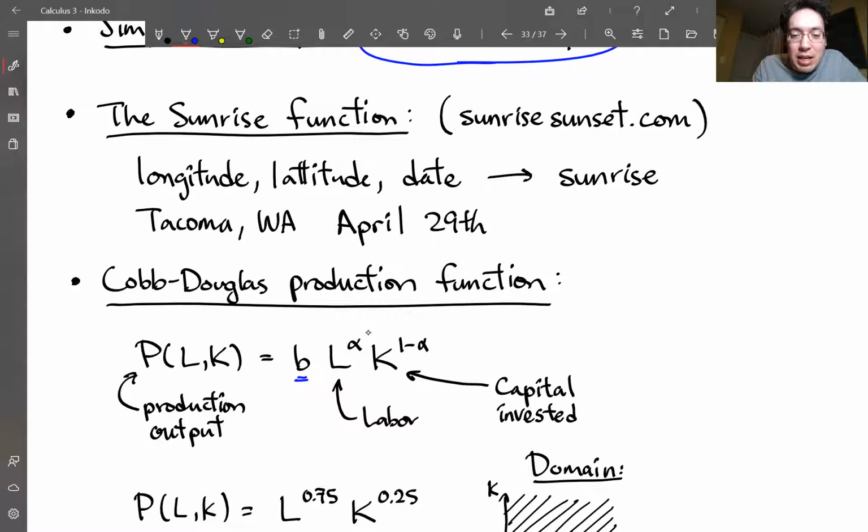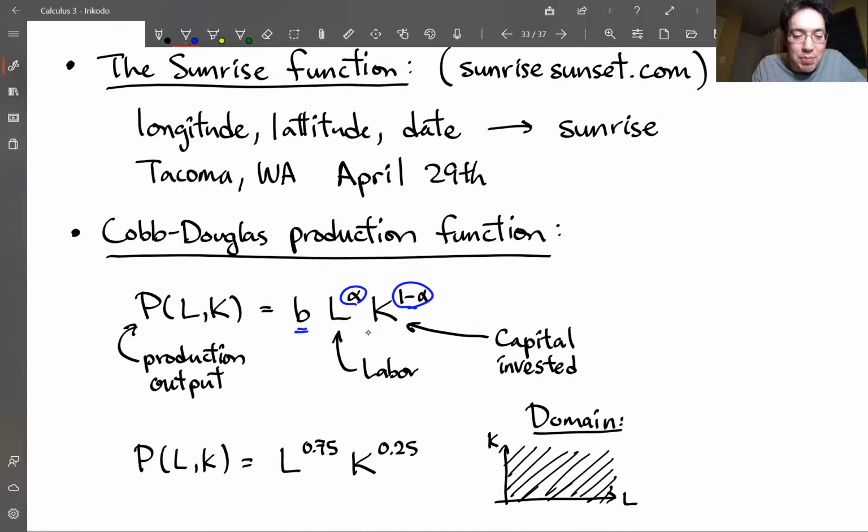And then somehow the labor and capital invested grow with exponents that add up to one. So some exponent alpha here is between 0 and 1, and 1 minus that exponent is there for the capital.